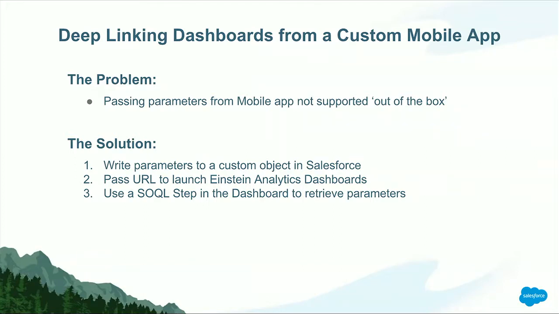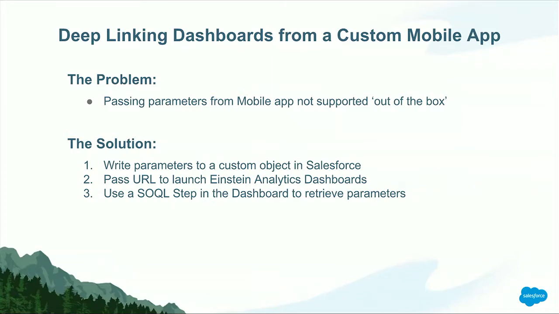And we can use what's called a SOQL step. So a SOQL step allows us to just write a SOQL query against our Salesforce instance, pull the data down in real time, as opposed to out of a batch data set that might be a couple hours old. And we could use that SOQL step to create the filter for our dashboard and to filter our dashboard.